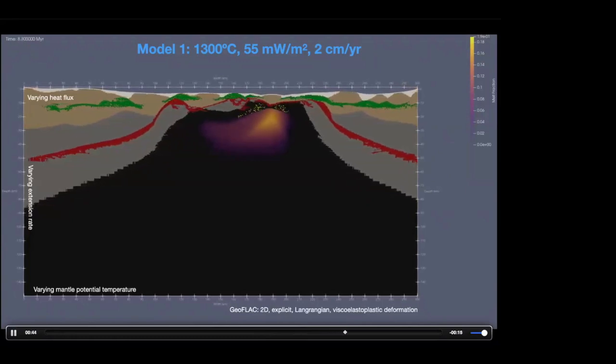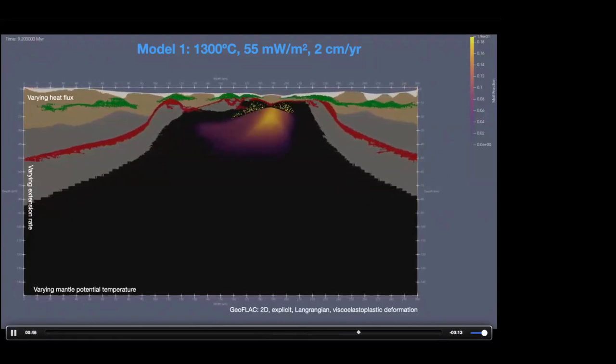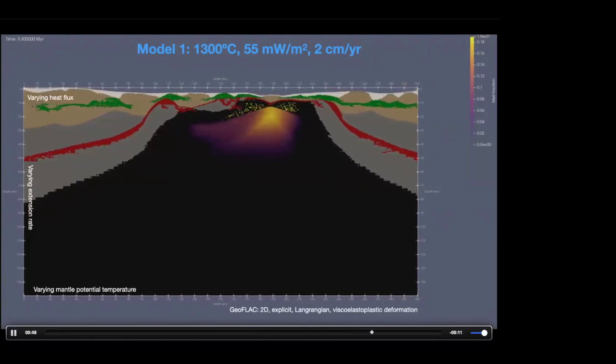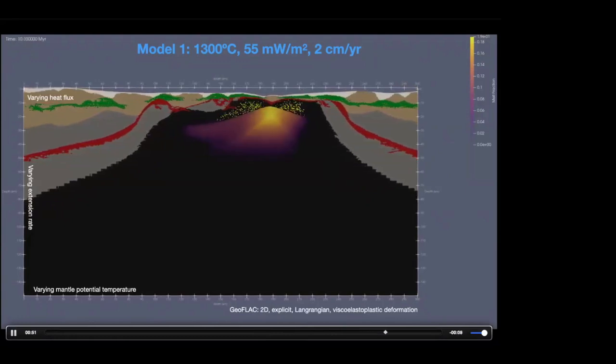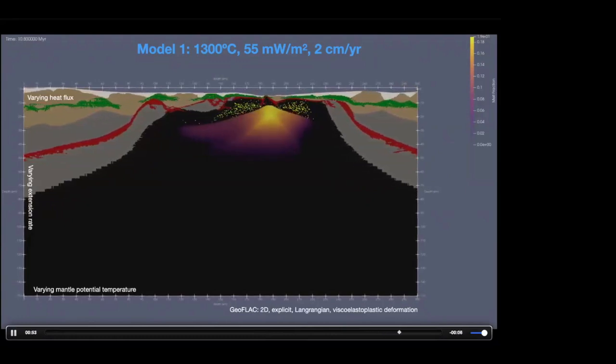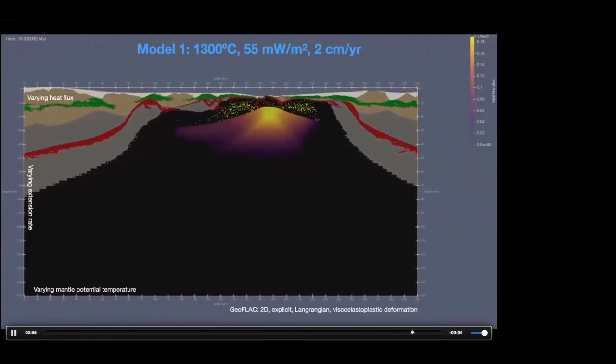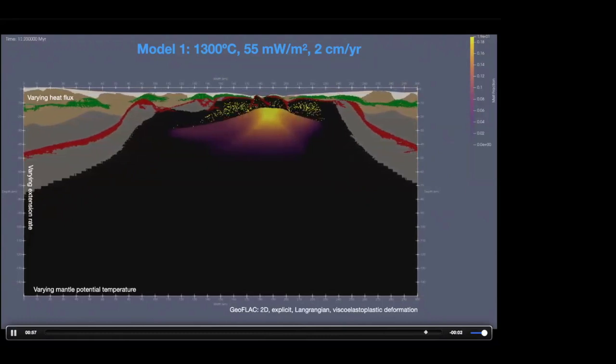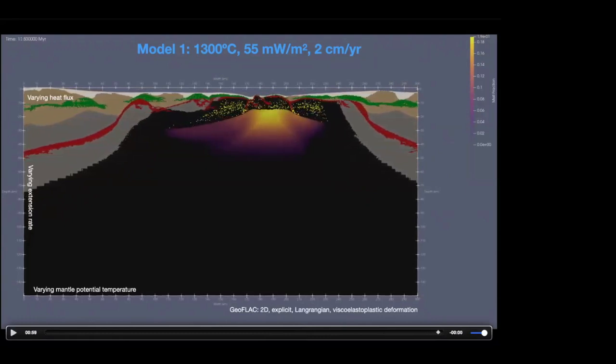And the boundary conditions here, we have a constant extension rate that we get to prescribe at the beginning. Eventually you form these anastomosing detachment structures. You get these domes of mantle. And eventually the model, we turn the model off and it starts to become unrealistic, because we don't have a lot of volcanism, we're not actually modeling the diking process.